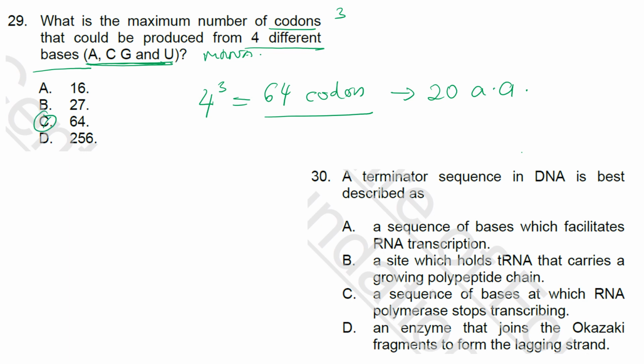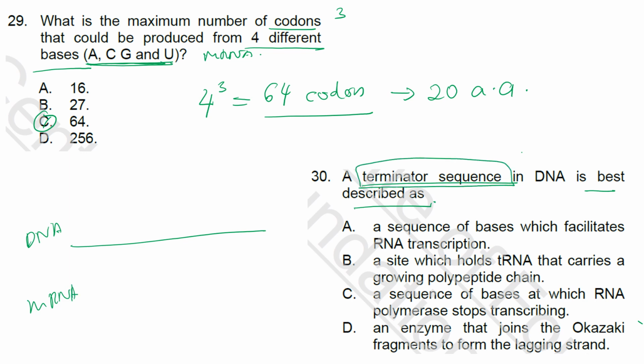Question 30. A terminator sequence in DNA is best described as, okay, terminator sequence on DNA. So you have a DNA molecule that serves as a template to synthesize mRNA. The terminator sequence will terminate the process of transcribing the mRNA.